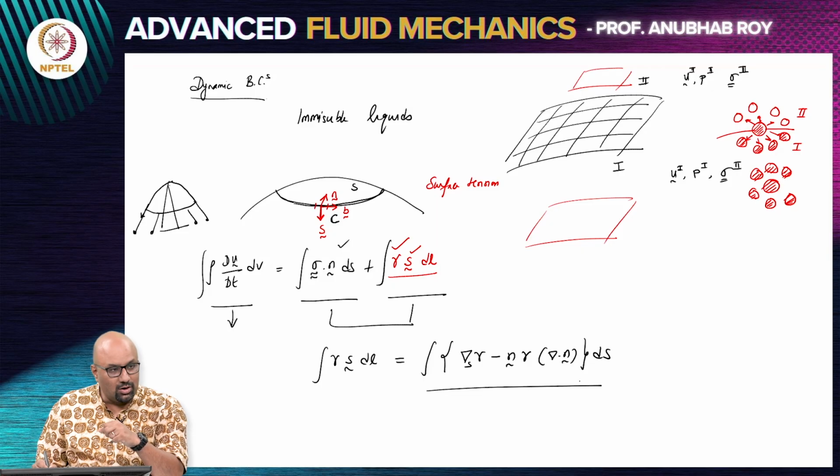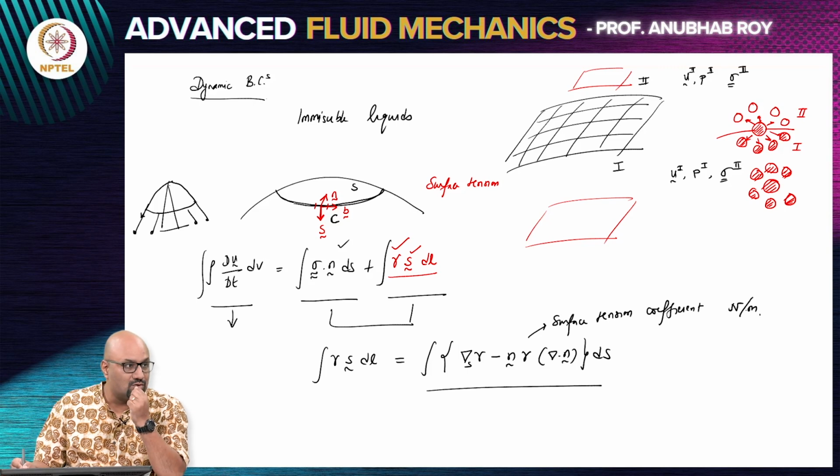Now, I will explain what these quantities are. Gamma is obviously the surface tension coefficient. As you can already see, this has units of Newton per meter. It is force per unit length. N is the unit normal to the surface. Del S, it is a gradient, but it is not any gradient.